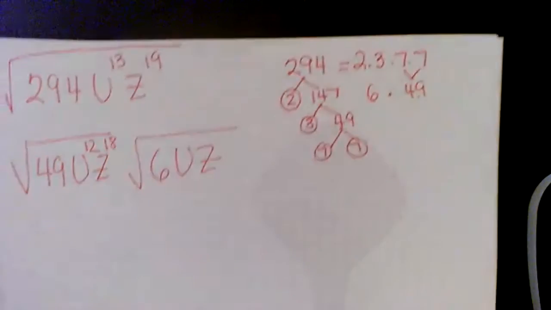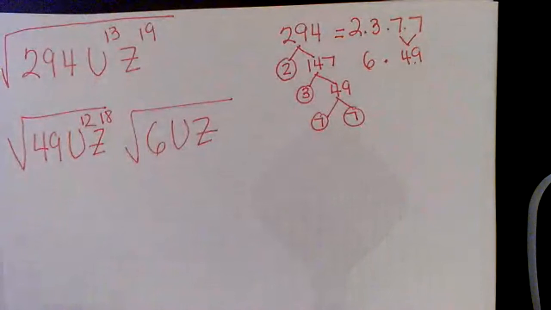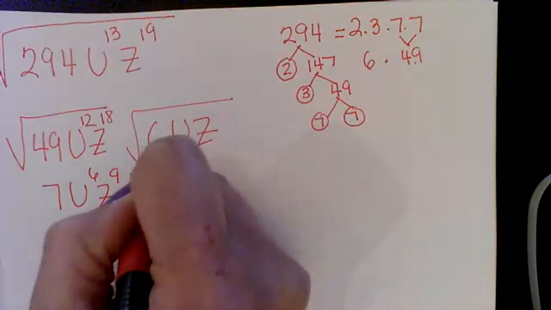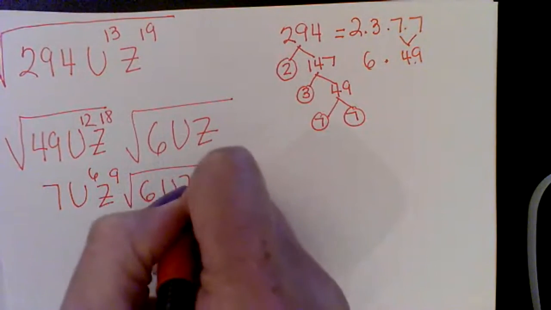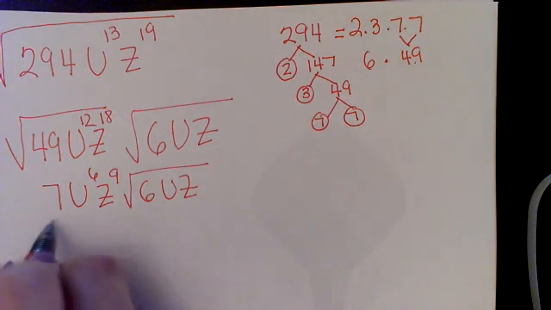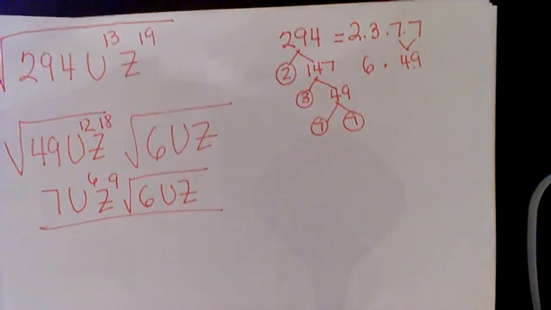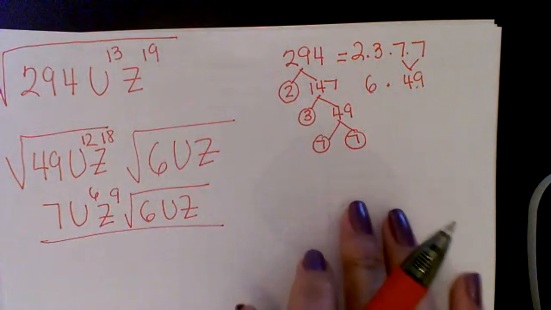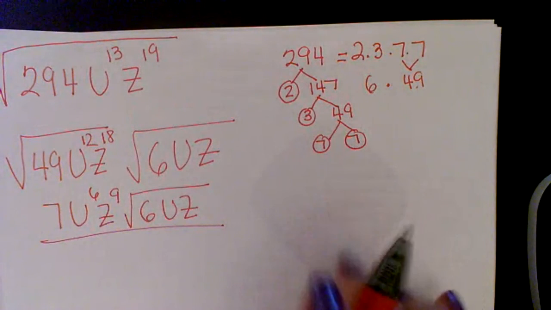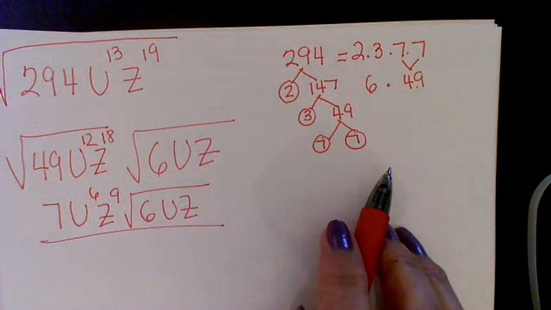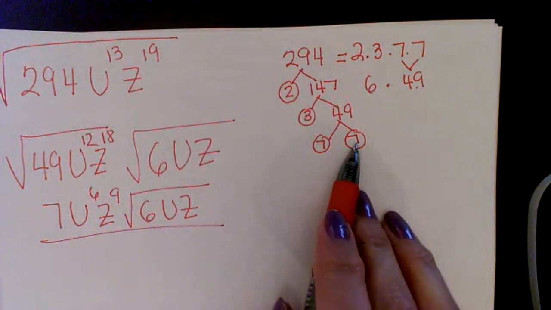And I'm going to have just 1 left. So this is 7 to the 6 and Z to the 9. Okay, and that's my answer. You guys can do that to find the two numbers.